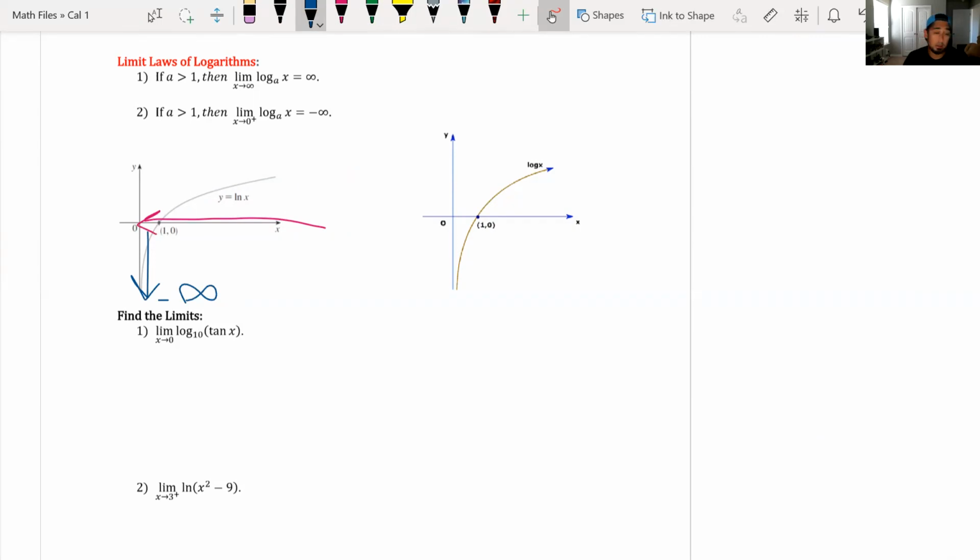So the limit of a log that heads towards infinity will be infinity. The limit of a log that heads towards 0 from the right will be negative infinity. And we can use these properties to help us solve the next limits. Okay. So, number 1.